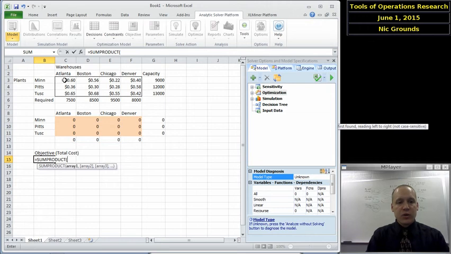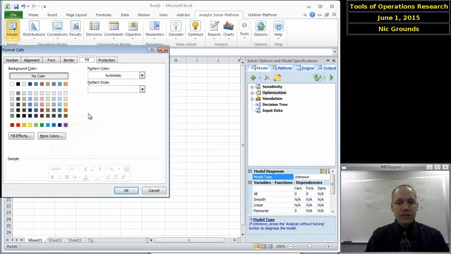But in this case, we're going to multiply this whole grid of 12 unit costs for each route, multiply that by this whole grid here of how many units will be shipped on that particular route. So we can use sum product to multiply whole tables, and it will just multiply each individual pair of cells and then add up the results. Okay? And that will be our objective that we will try to minimize.